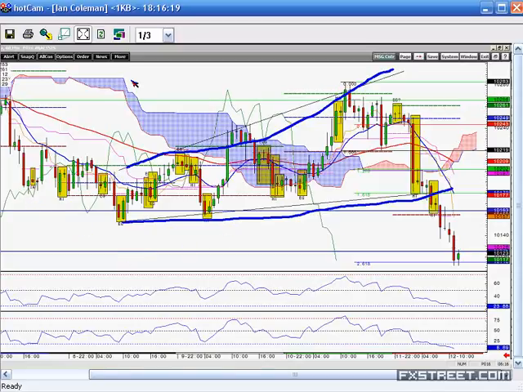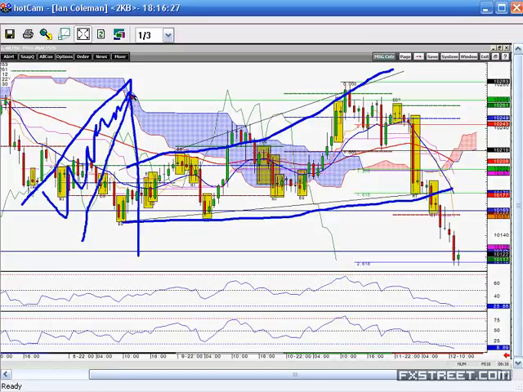So as opposed to an ascending wedge formation where we coil up and momentum falters at the top and we get an impulsive break lower, this is an expansion, okay, that has a bias to break to the downside.